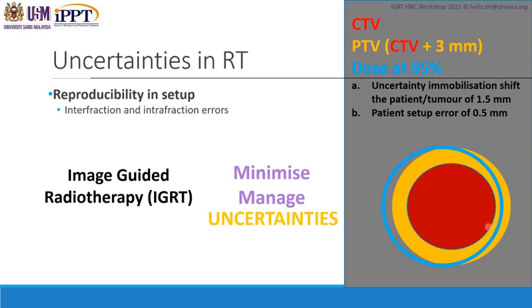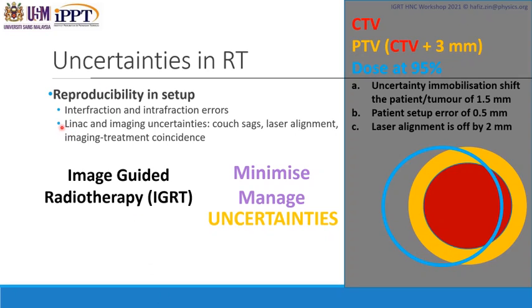However, you can see here the clinical target volume, because of the PTV expansion of 3 mm, is still within this dose at 95% irradiation area. This shows how image-guided radiation therapy can minimize and manage uncertainties during radiotherapy treatment.